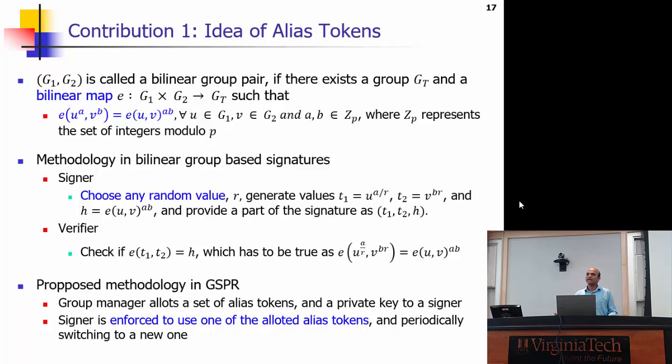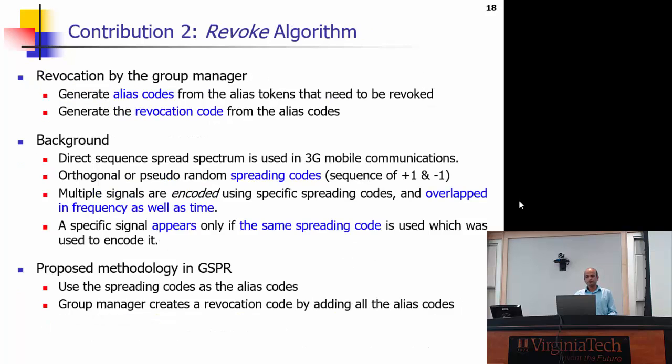Now, if the signer uses one of the Alias tokens from this set, the signature will be valid. But if it chooses any other random value, the signature will not be valid. So therefore, this embedding of Alias token is enforced on the signer. So that was one of the contributions, which is basically the cryptographic part of this problem.